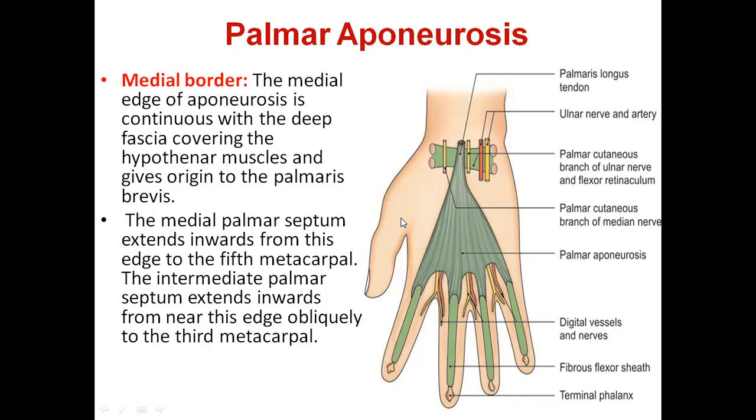I said always counting should start from the thumb. So this side would be the first metacarpal, then second, third, fourth and fifth. So the medial palmar septum is towards the fifth metacarpal, whereas the intermediate palmar septum is towards the third metacarpal.